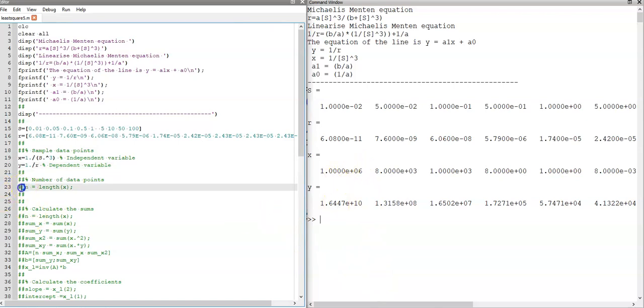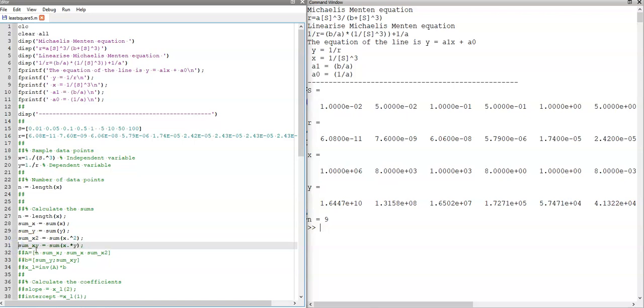Now first calculate the number of data points. That is one command: length of x or length of y. That will show the number of data points. If we remove that semicolon, the number of data points is 9. Now calculate the sums: number of data points, then sum of x, sum of y, sum of x square, sum of xy.